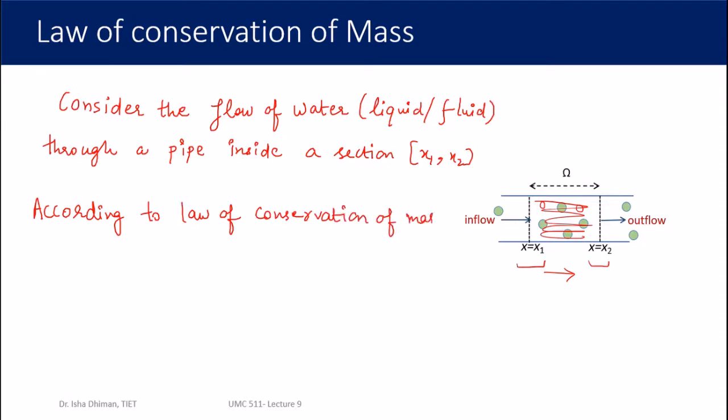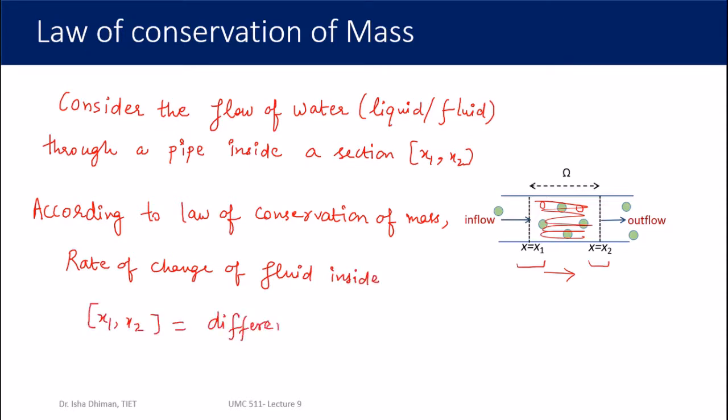So we get the rate of change of fluid inside this section x1, x2 is equal to the difference in outflow and inflow at x equals x2 and x equals x1 respectively. That's the general way of applying conservation law, which I just told you a few slides back.